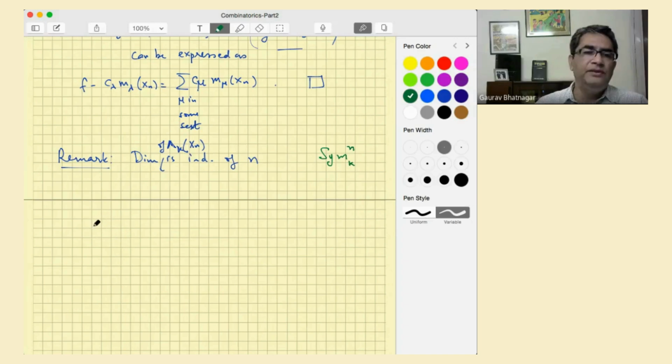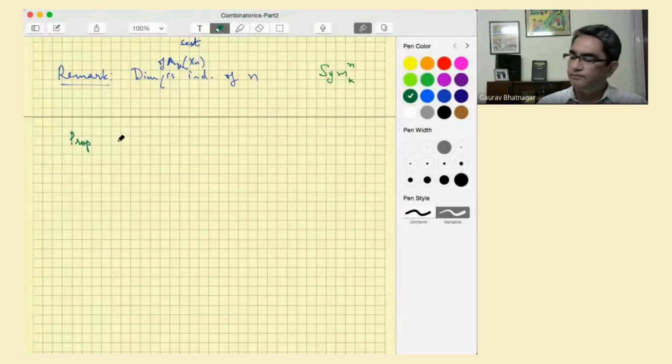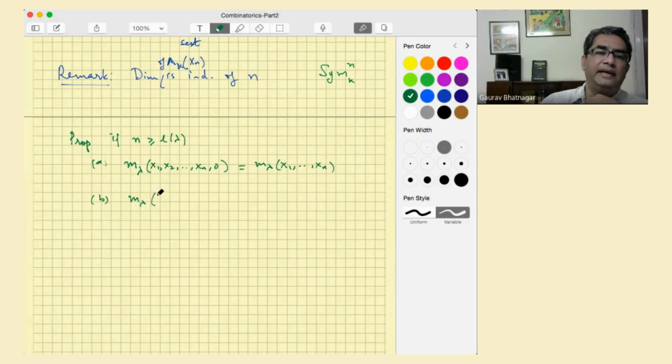All right. So then there's a proposition which we already noticed. If n is greater than or equal to the length of lambda, then m_lambda of x_n, and you can do this thing and put many zeros.